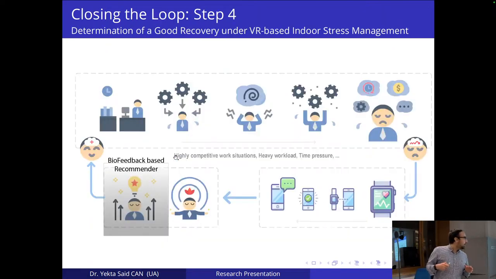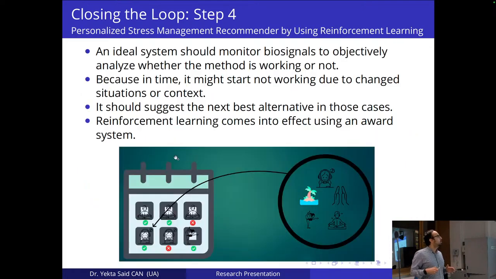After we suggested some stress management techniques, determination of a good recovery is also important. An ideal system should monitor biosignals to objectively analyze whether the method is working or not, whether our stress management technique is decreasing the stress or not.